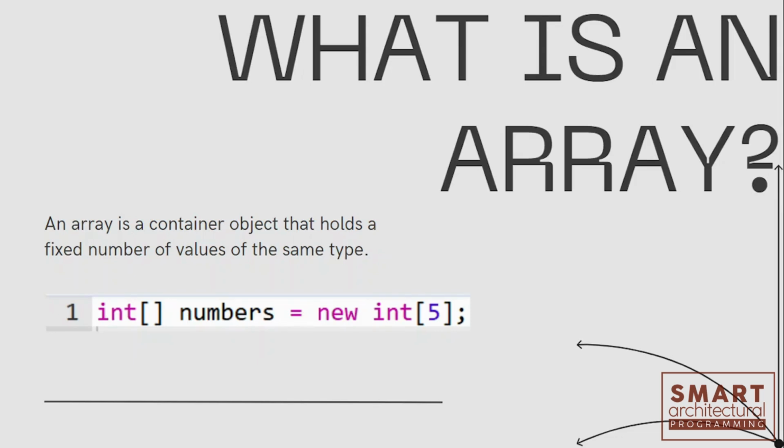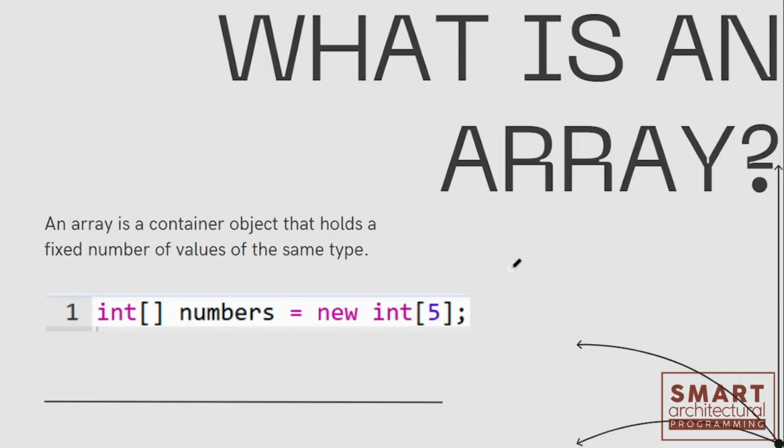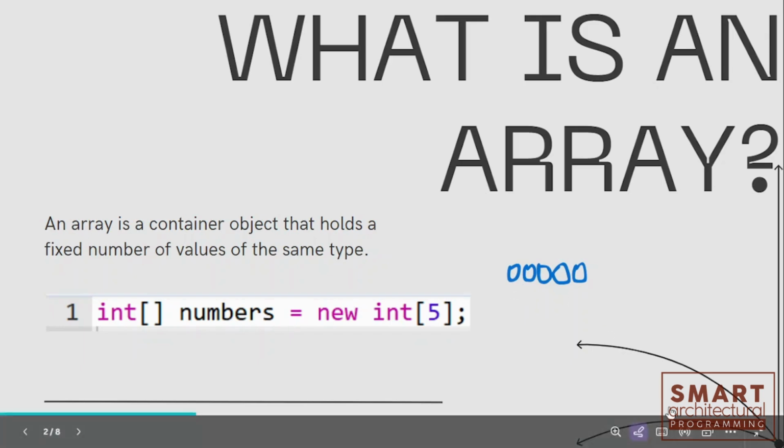Let's imagine something, right? You're organizing chairs in a row for an event. Let me see if I can draw something out here. Let's assume these are the chairs. You have arranged chairs in a row, and each chair has a number and a spot it takes. So we have, let's say, 5 chairs in a row, and each chair has a number it needs to follow.